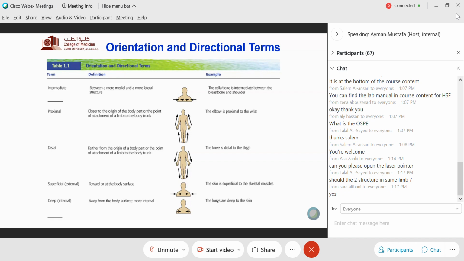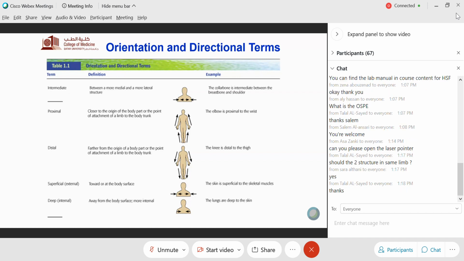What if I reverse the comparison? If I ask you, describe the wrist in relation to the elbow, you would say the wrist is distal to the elbow. Okay? Same thing in the lower limb. If I'm comparing the thigh to the knee, I'm going to say the thigh is proximal to the knee.